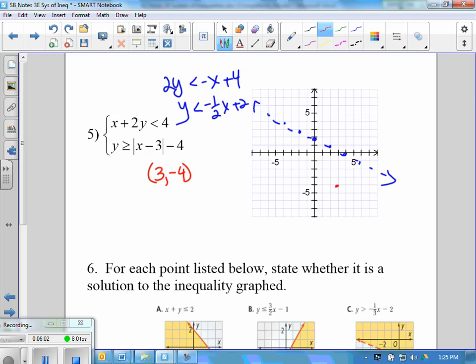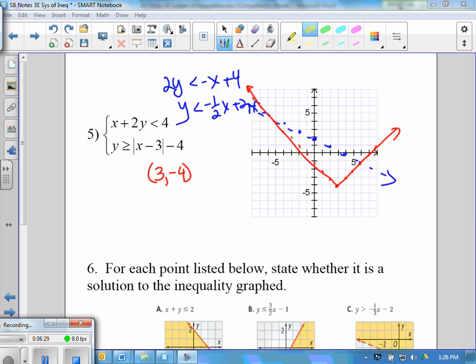We do not have a stretch or compression, so we're going to just count up the sides by 1. And then we're going to think solid versus dotted again, as always. And this one would be a solid line. And then we need to think about the region where these would intersect.